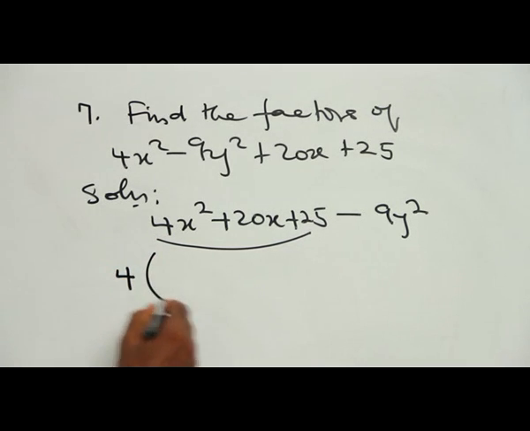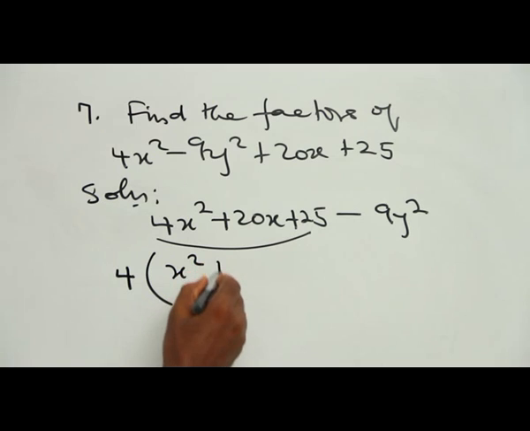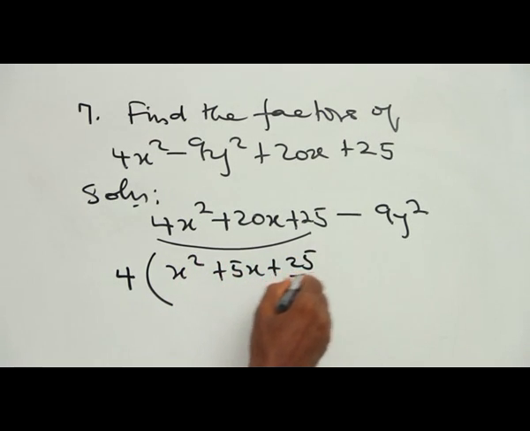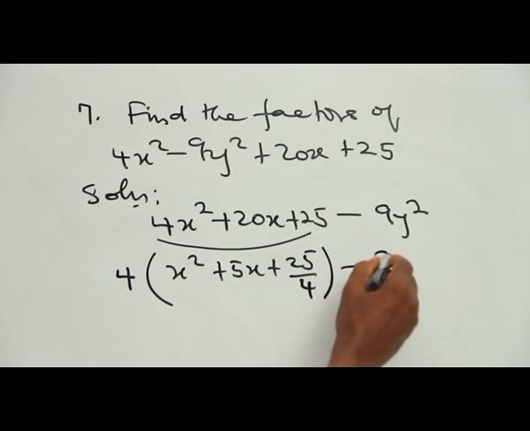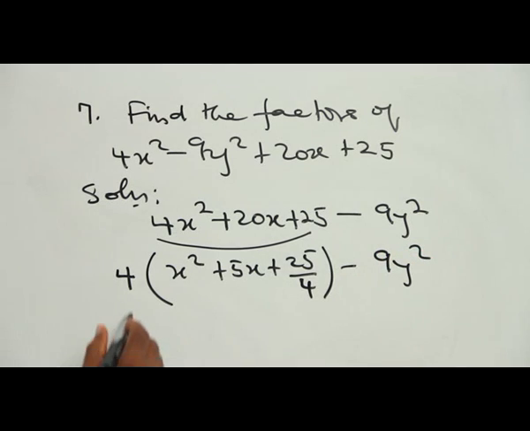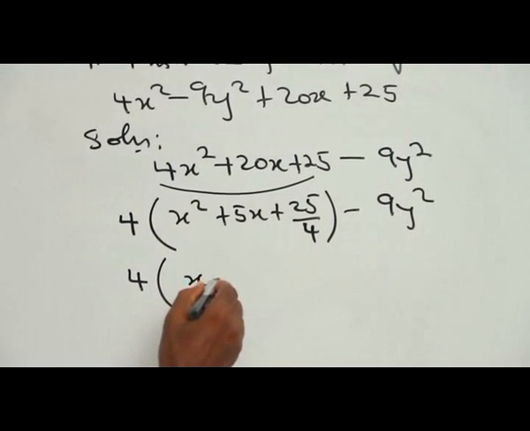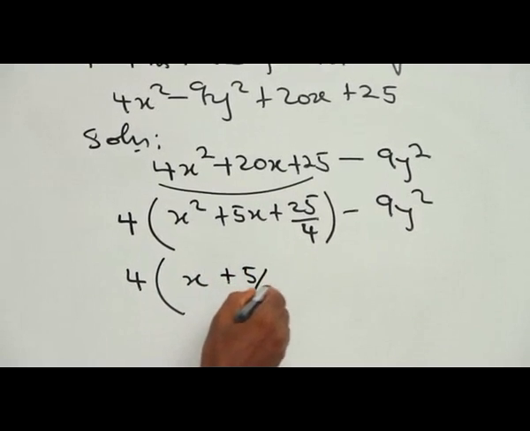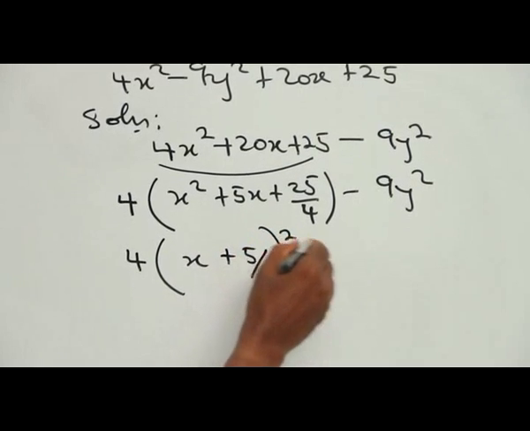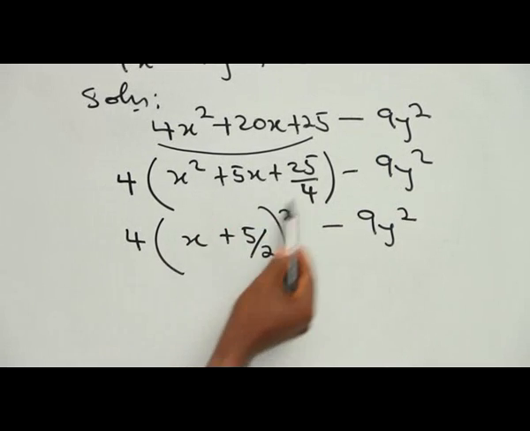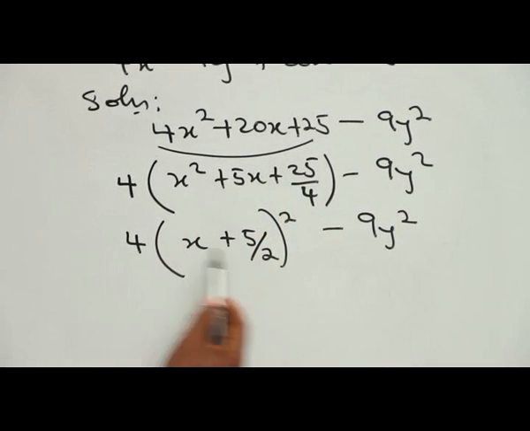Bring out the 4, and you have here s squared plus 5s plus 25 all over 4, then minus 9y squared. You will now factorize this one, and this becomes (s plus 5 all over 2) all squared minus 9y squared. If you factorize it, you will get this.